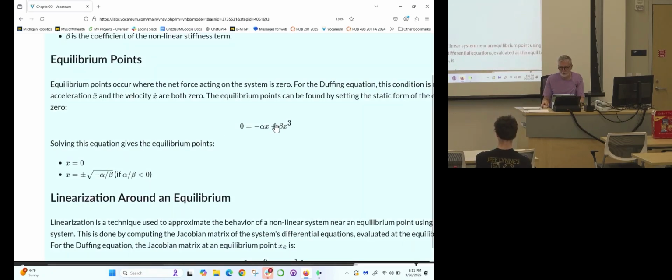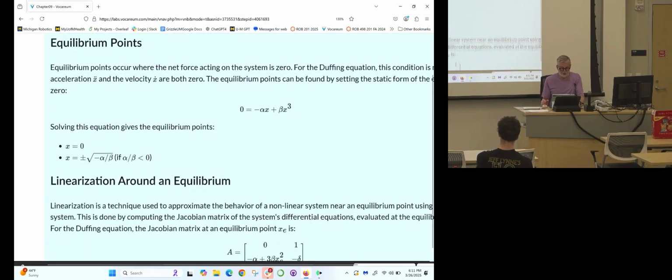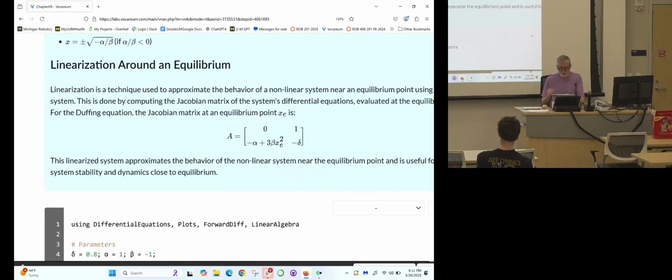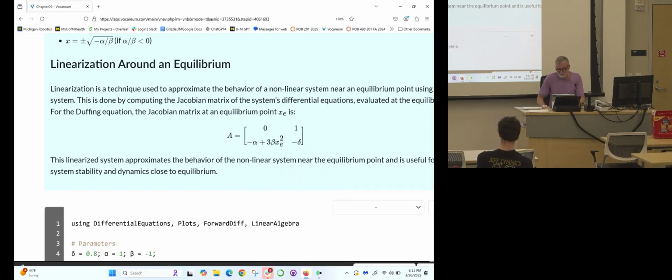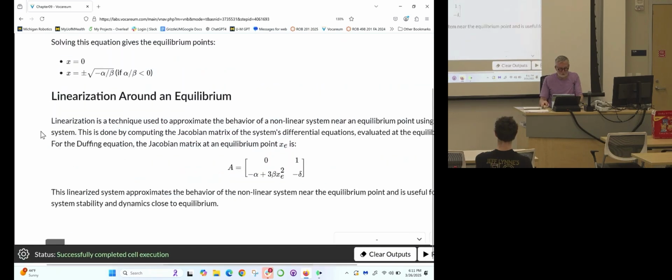Since you can factor out x and then you're left with a quadratic, it's easy to find the equilibrium. When you calculate the Jacobian, this is what you get. Depending upon these parameters, the eigenvalues of A can have negative real parts, they can have positive real parts, etc.